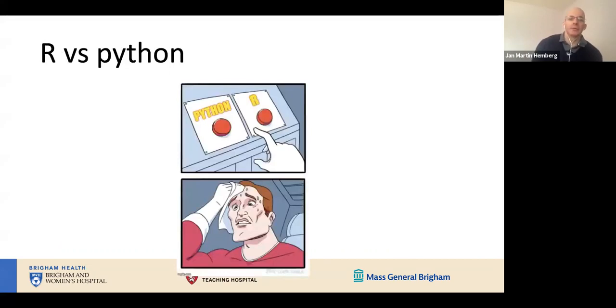What I should mention now is that when I first started, pretty much everything was done in R. But over the last few years, there has really been a trend that more and more things are being done in Python, and I think that is set to continue. Now, of course, the good news is that there are also interpreters, so it is possible to call R code from within Python and vice versa.